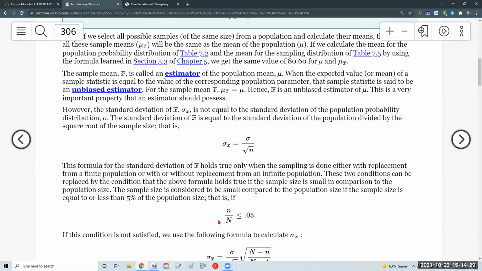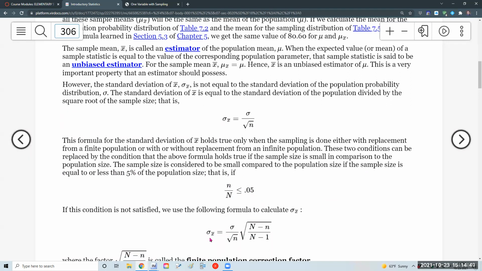So if this ratio is less than or equal to 5%, then we're going to use this formula here for sigma sub X bar. However, if this statement is false, then we're going to use this formula, this nasty looking formula. Remember, big N is the population size and little n is the sample size.